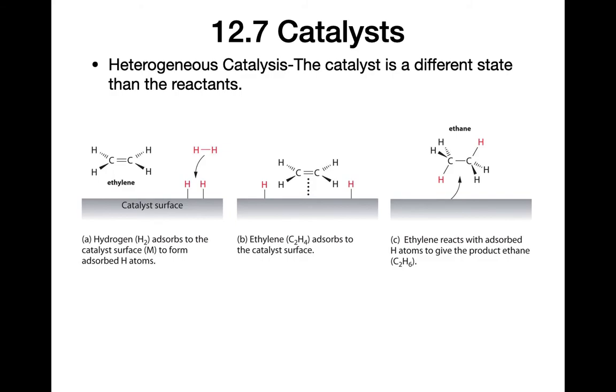And then they could move around on the metal surface, and if the C2H4 molecule stuck to the metal, then they would be able to move onto the C2H4 and become C2H6. So the reaction is much faster to make C2H6 out of C2H4 plus H2 if you have that metal surface, if you have that heterogeneous catalyst.